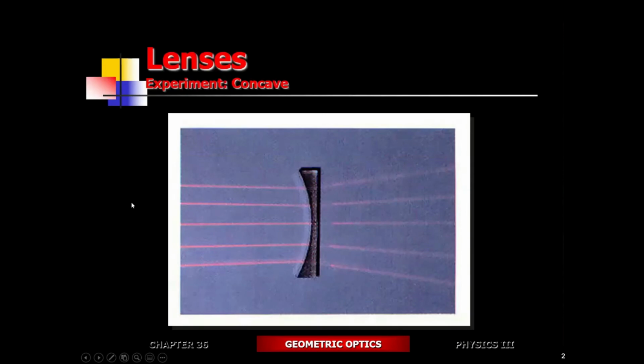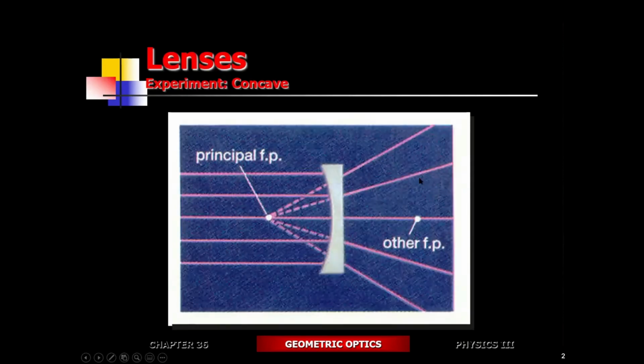So here's a concave lens, and notice that the rays are diverging. If you extend the diverging rays into the space in front of the lens, it's going to look like the rays are emanating from that point. So that becomes the focal point.